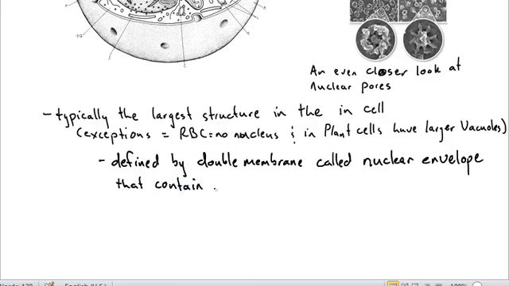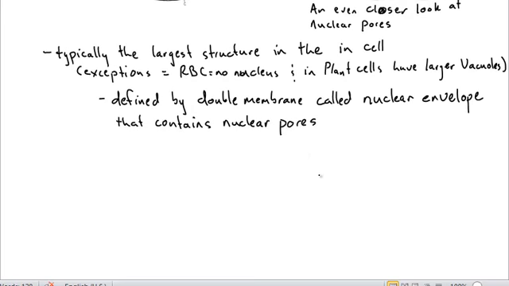What do you think those nuclear pores are for? If you said they let things in or out of the nucleus, that would be absolutely correct. Okay. It also has a jelly-like, gel-like substance that fills it, and it's called the nucleoplasm.